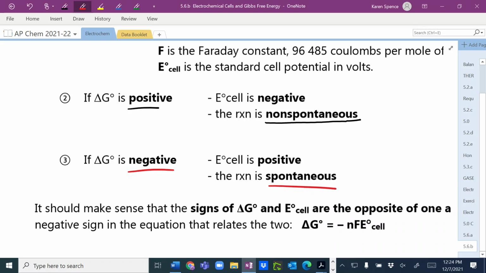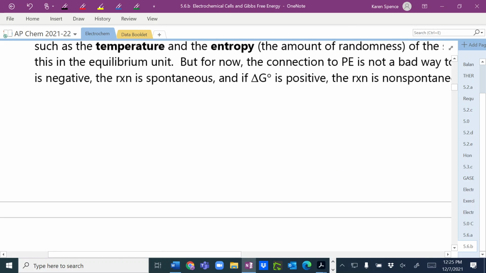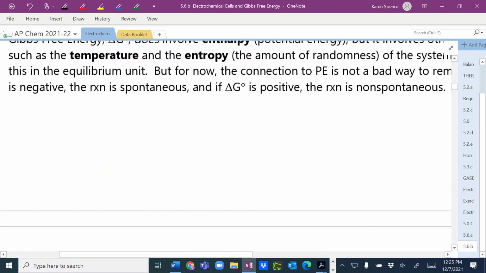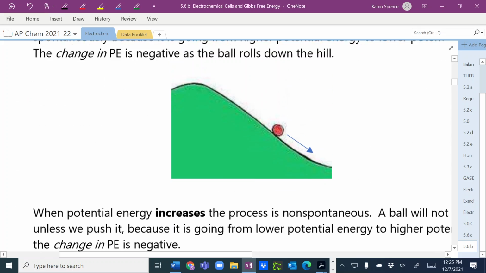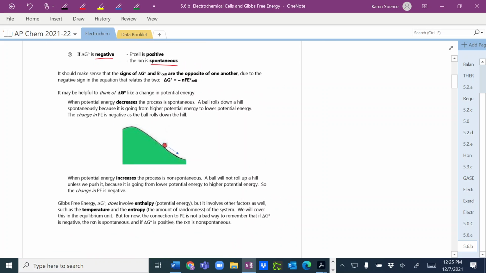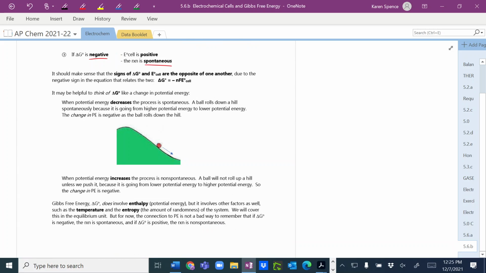Is that spontaneous or non-spontaneous? Non-spontaneous. And you can see that if we have our little hill here, right? I meant to have the ball rolling up the hill as well, but apparently I did not get around to that. That's okay.